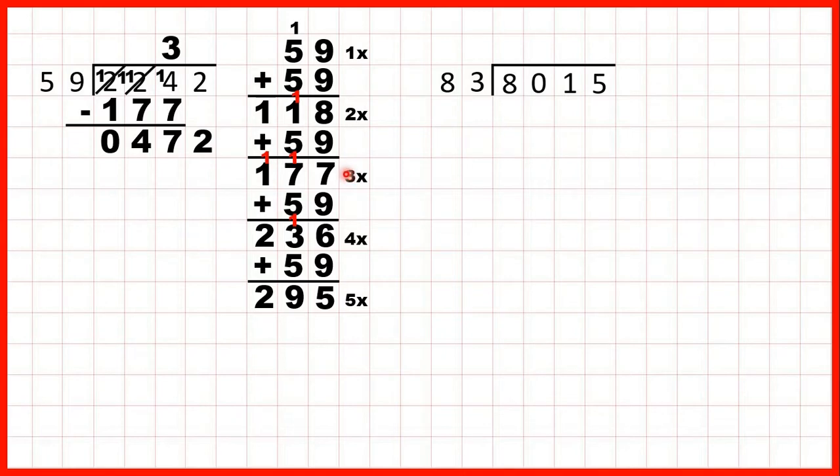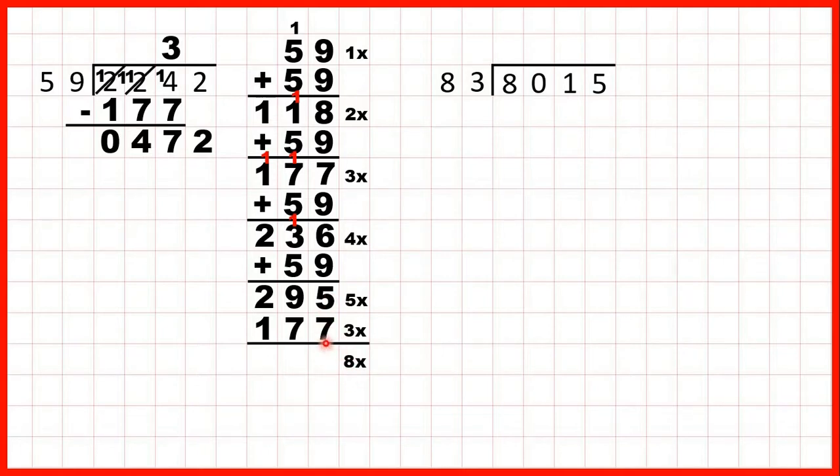So what we can do is take our answer to 3 times and add that to 295. So that will give us the answer to 8 times, because if we add the answer to 5 times and 3 times, we get the answer to 8 times.